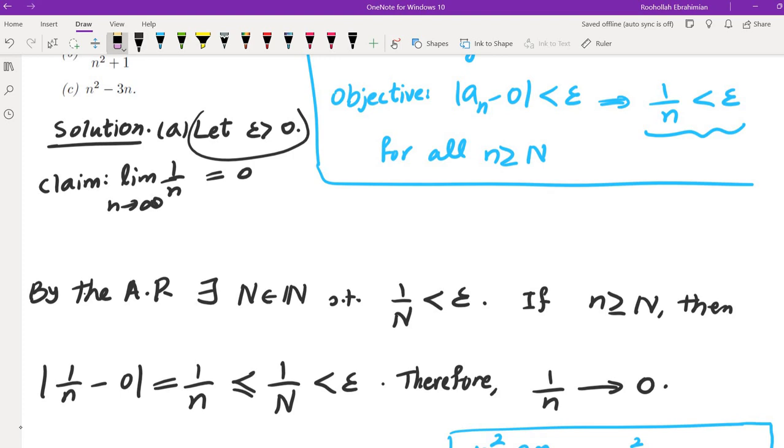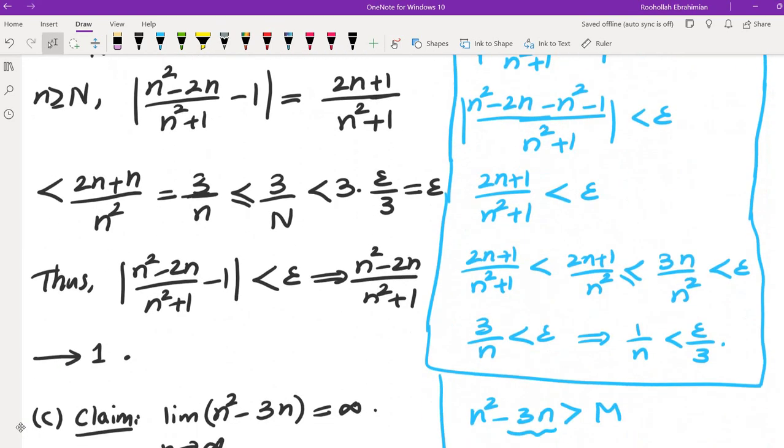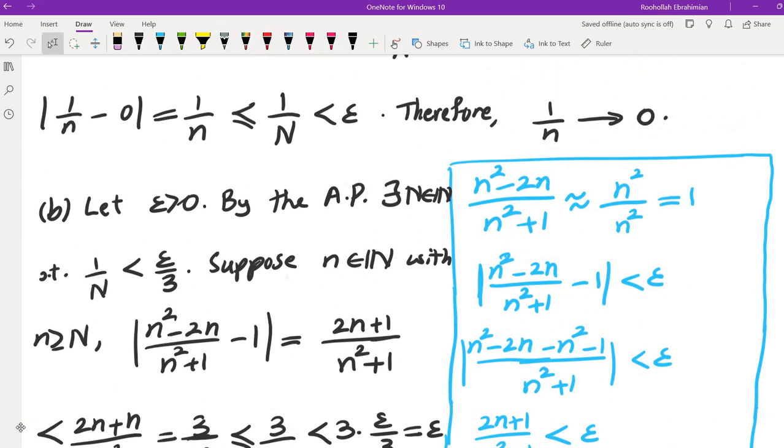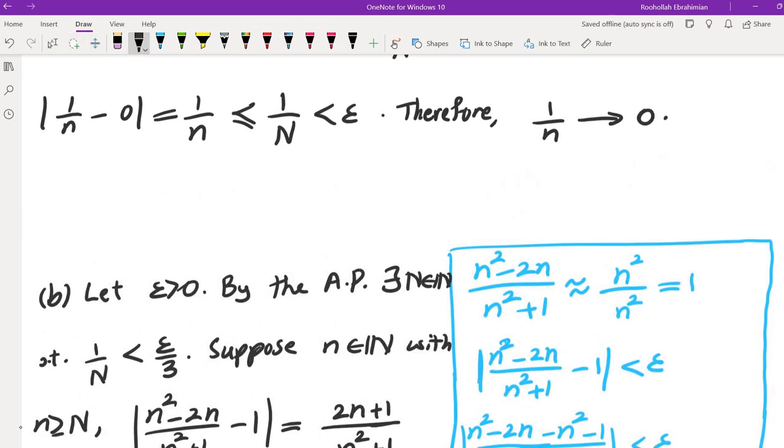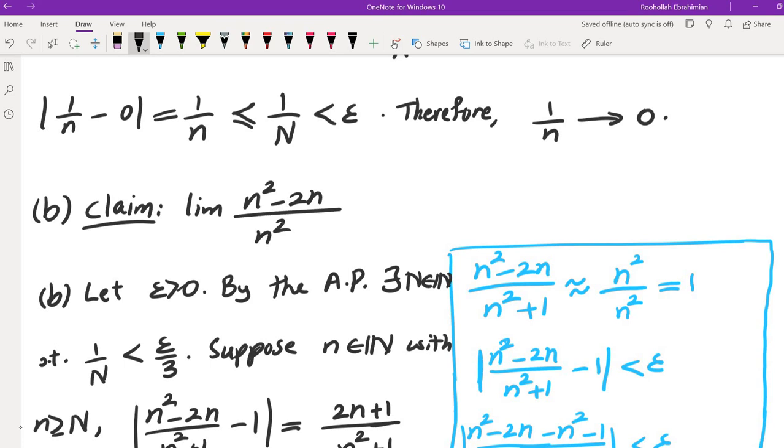And then I would put "epsilon positive" on the next line, so that it's clear what we are trying to prove. And same thing for part B. Just for clarity, I would specify what the limit is. The claim is that the limit of n squared minus 2n over n squared plus 1 as n approaches infinity is equal to 1. And then the rest would be the same thing.